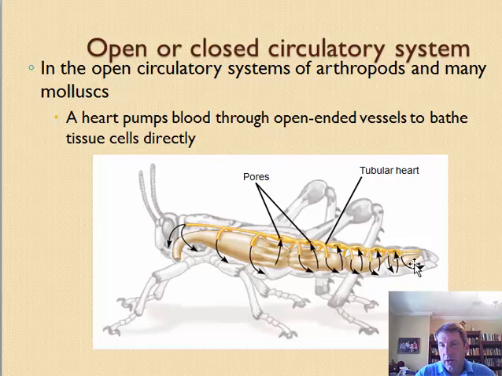This is a grasshopper, and it shows that open system, where we have some blood vessels and some small muscular hearts that pump blood directly into the open body cavity.